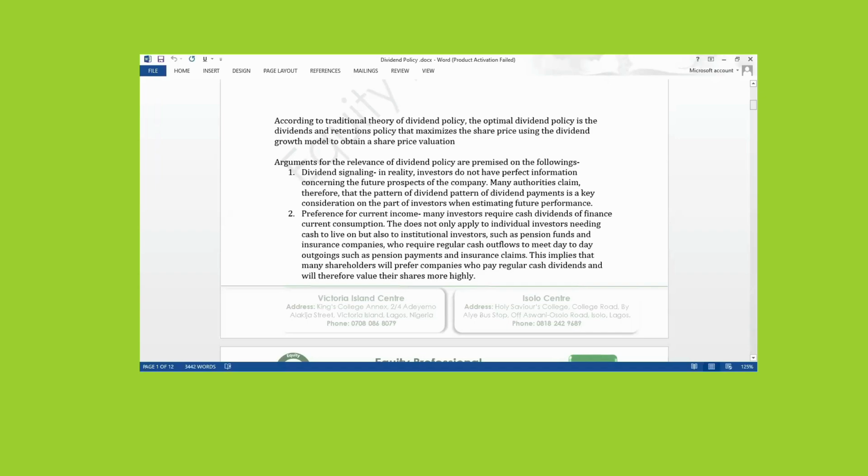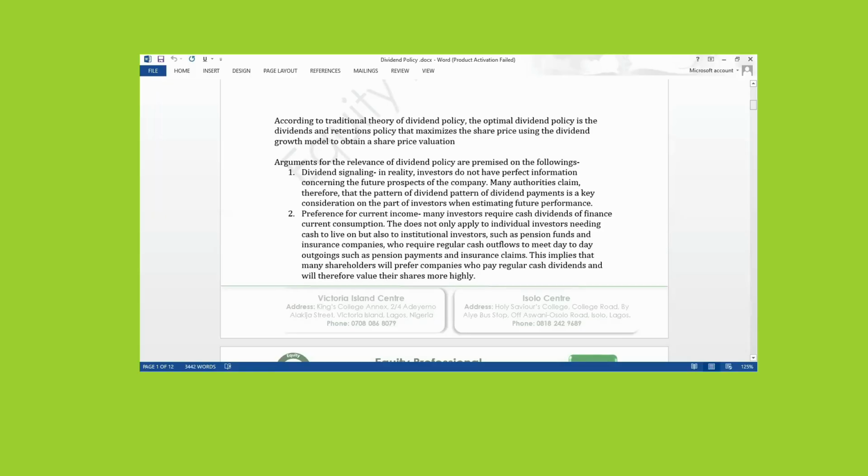Number two reason, preference for current income. Many investors require cash dividends.